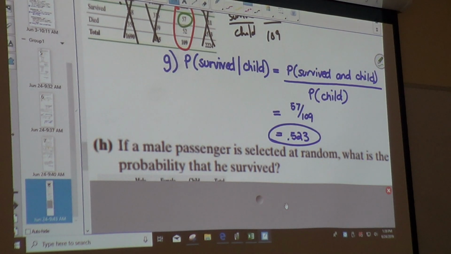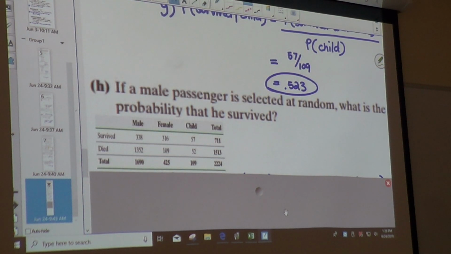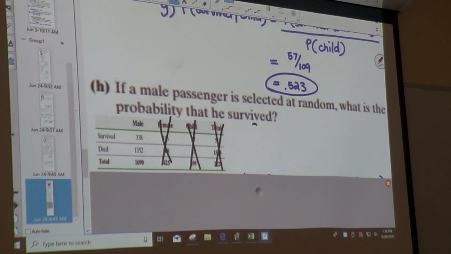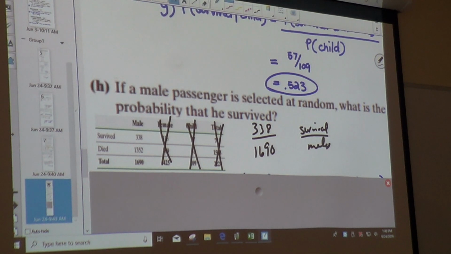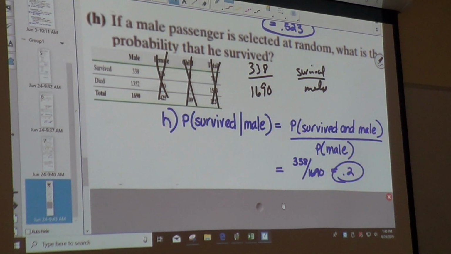If a male is selected at random, what is the probability that a male survived? 338 out of 1690. So this is survival of the males. 20% of the males survived.